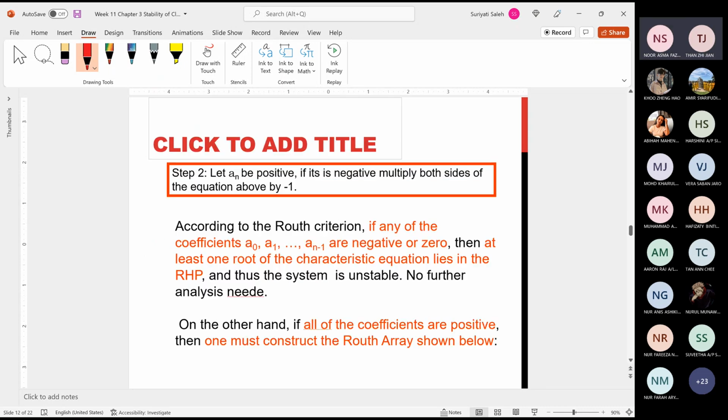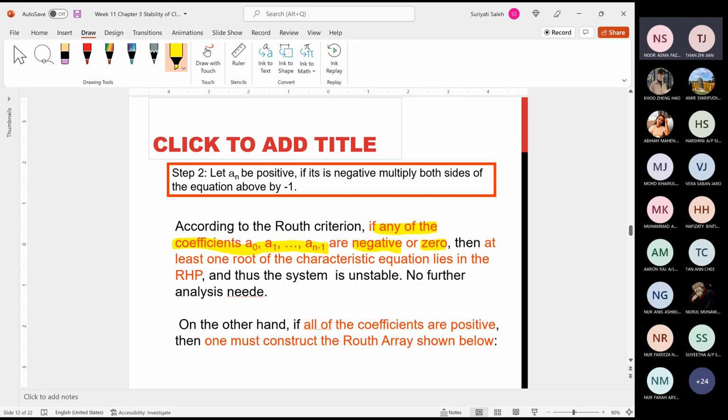Once we get this kind of equation, check the coefficients of your S. If any of the coefficients A0, A1, A2 are negative or 0, then at least one root of the characteristic equation lies in the right half plane.